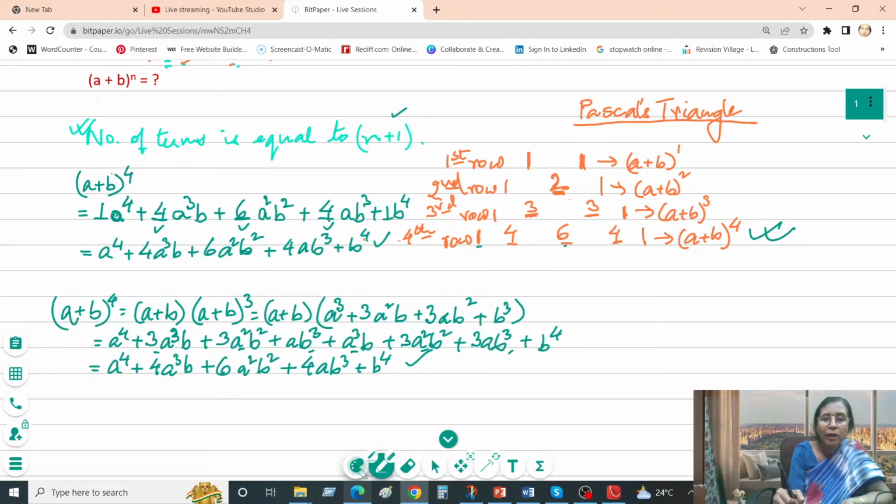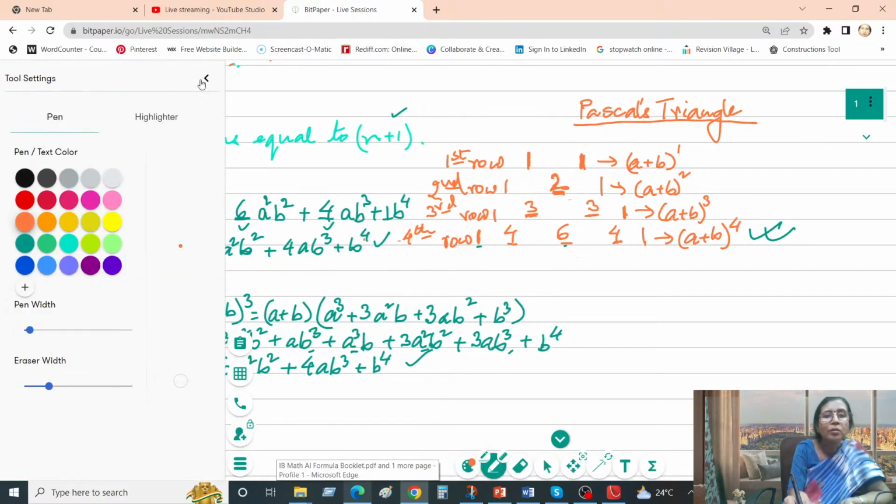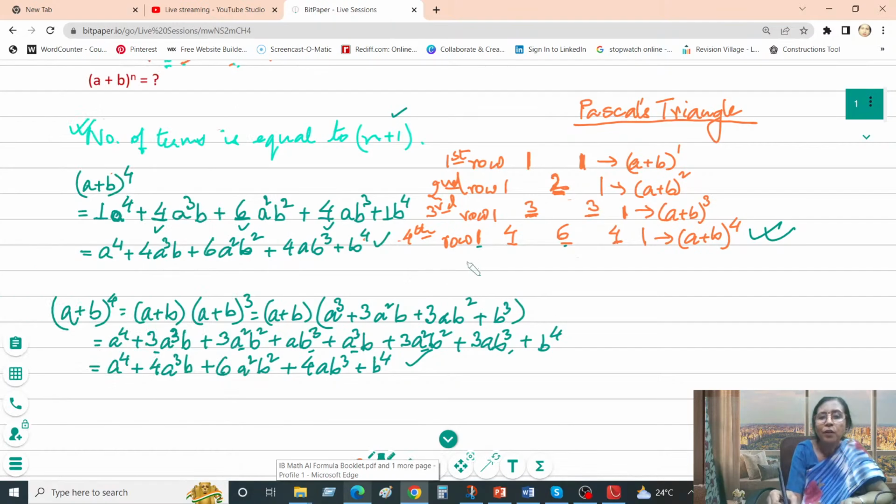I may write one of them, the a plus b to the power of 5, just for your practice. Again it will be starting with 1 and ending with 1, and 1 plus 4 will be 5, 4 plus 6 will be 10, 6 plus 4 will be 10 and 4 plus 1 will be 5. This is a plus b to the power of 5.